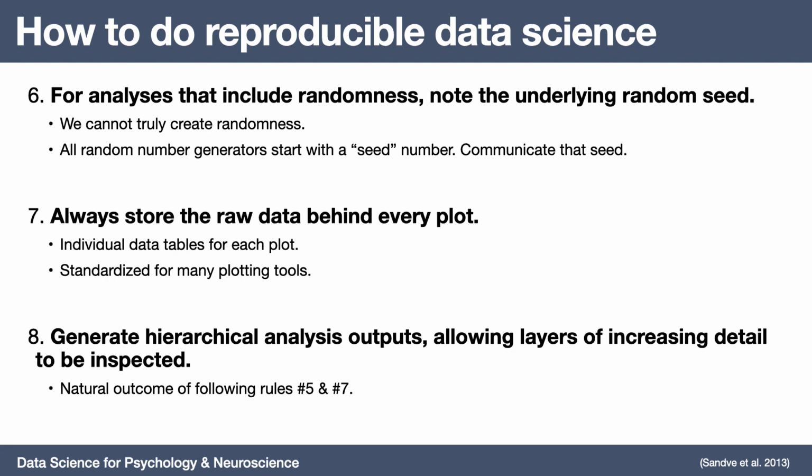If you save each step in your process from raw data to final output, and you record the actual data that goes into the final visualization of your plots or your statistics, you will be able to achieve automatically 8, which is the hierarchy of the analysis that leads to your final results. So 8 is really just a special case of steps 7 and 5.